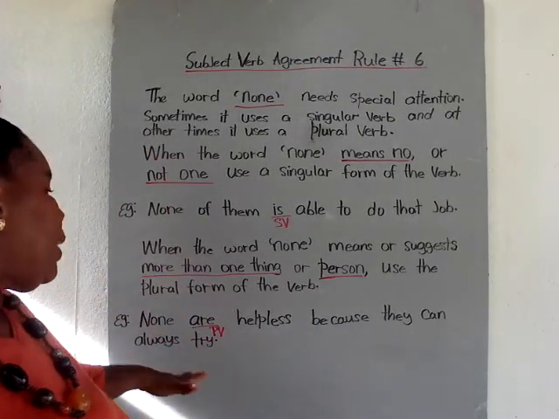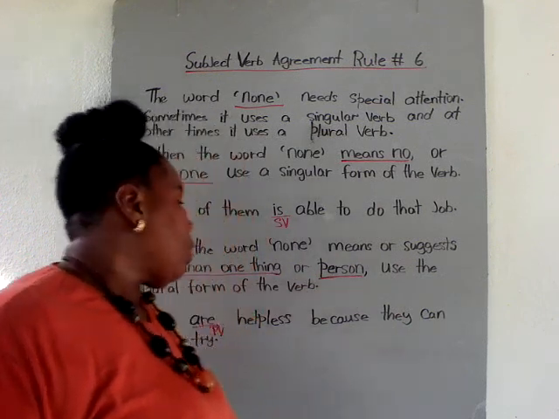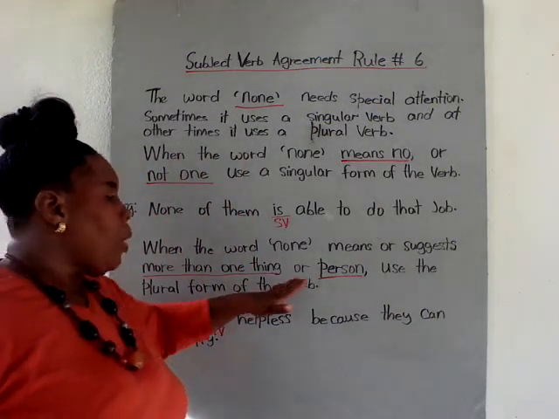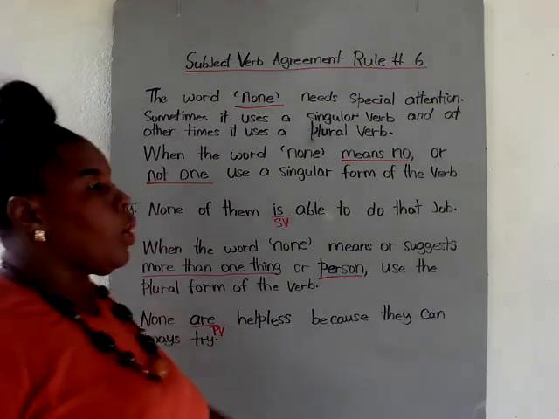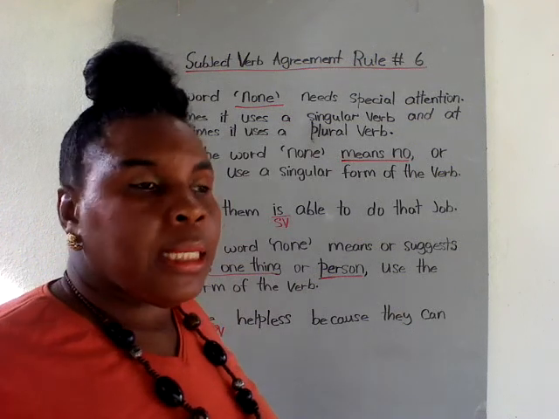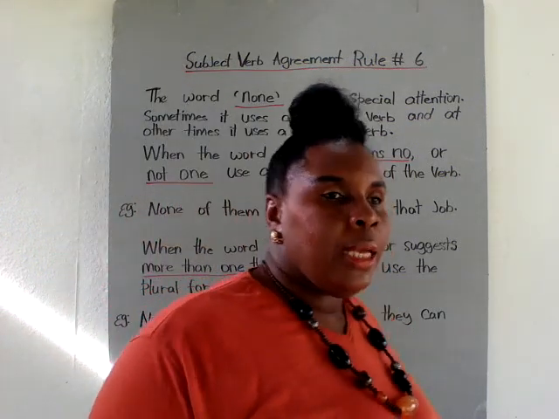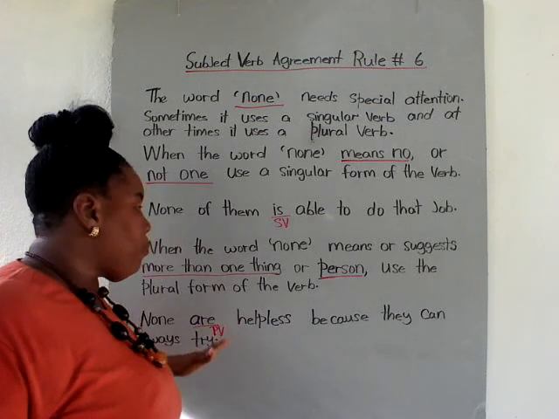We couldn't say none is helpless. None are helpless, because we're talking about persons or things. If we were talking about, say, bottles, pots, cars, houses, those are things, so we will use a plural form of the verb.